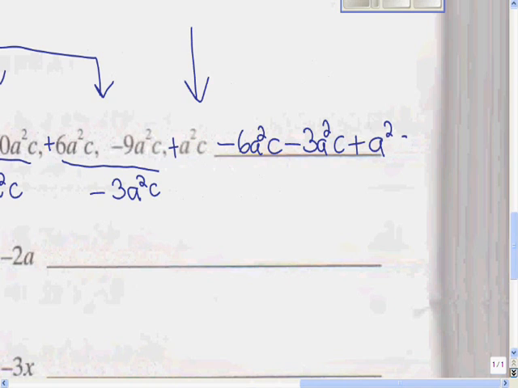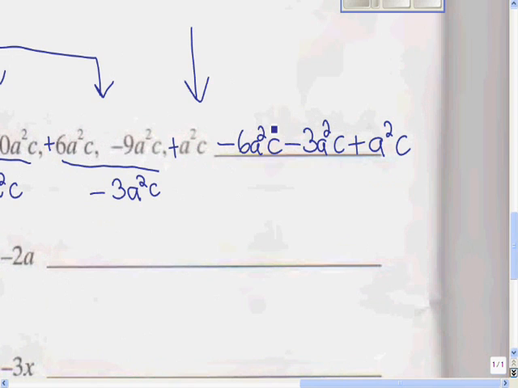A squared c. Okay, so let's look at these two here. Negative and a negative. Well, the signs are the same. I know I'm going to add, right? We already should know that by now. We've been saying it over and over again. So 6a squared c plus 3a squared c gives me 9a squared c. And since both of these are negative, I know my sign is going to be negative.